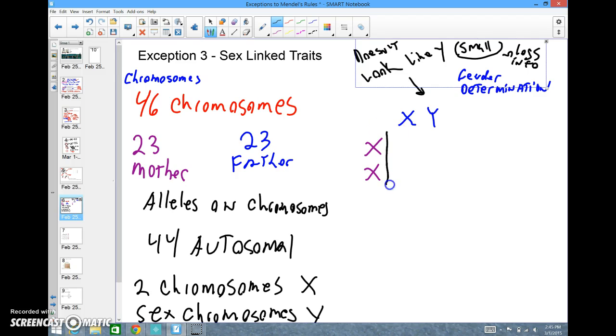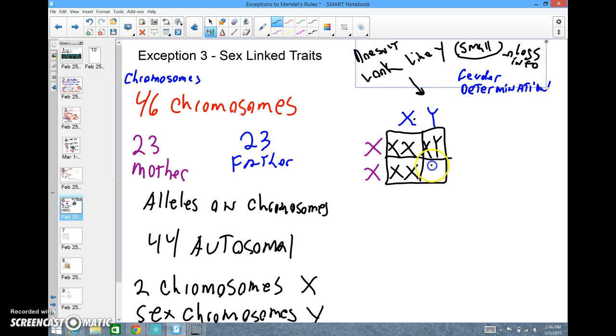If I were to do a very basic Punnett square and cross these 2 things, here I would take the X from the mother and the X from the father. That leaves me XX. Here I would take the X from the mother and the X from the father. That would give me XX. Here I would take the X from the mother and the Y from the father.